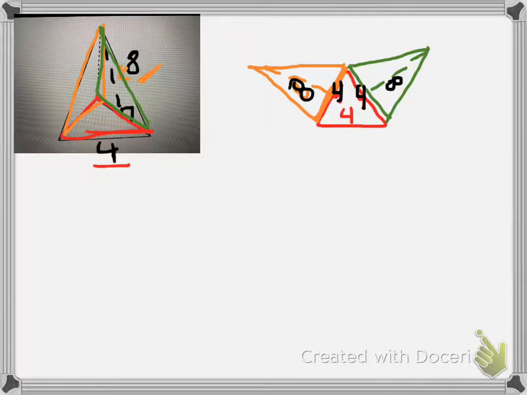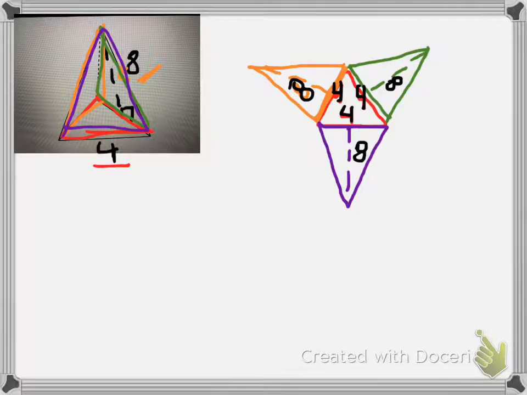Then we have one more triangle to draw, and that's this front triangle, the front side of the shape. Remember, this is what it would look like if we just squished it down flat. Let's label the base, which is 4, and the height is 8.